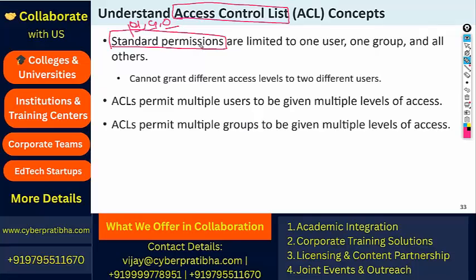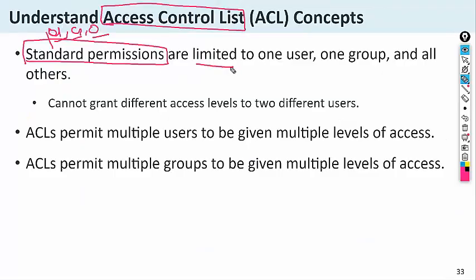This type of group permission is limited to one user. Like if there are 10 users inside one group, and I implement the permission over the group, it will automatically be inherited by all the 10 members or the users who are members of this group.